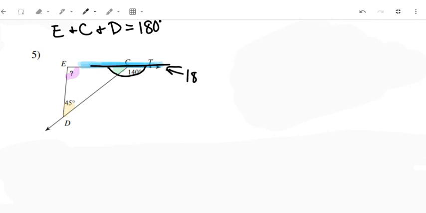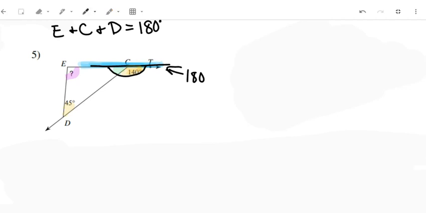So the sum of this exterior angle 140 and angle C, which is colored green, those guys together make 180 degrees. So if this section is 140, and this other section that's green adds up to 180, you're thinking 140 plus what equals 180.